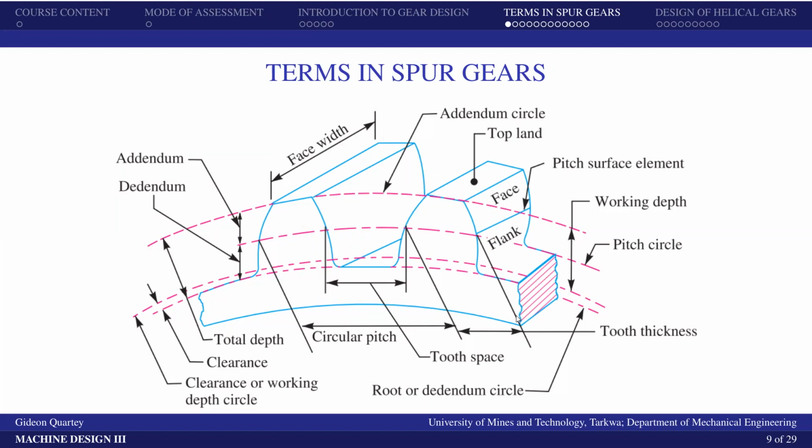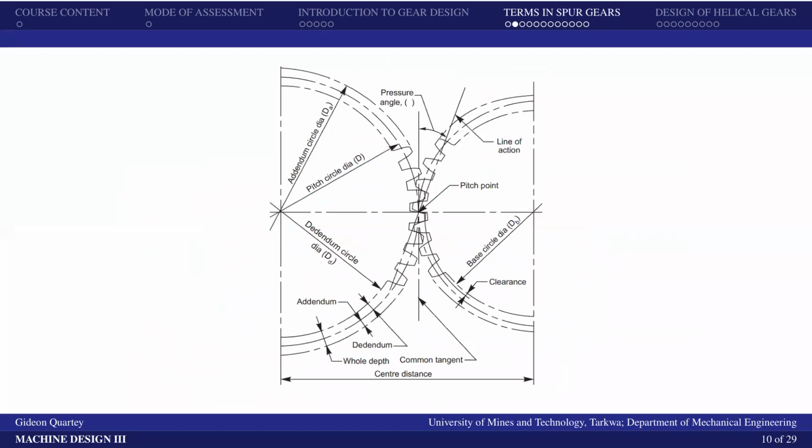We also have the tooth thickness, the space, the circular pitch, the root or the dedendum circle. We have the clearance circle, and then we have the total depth, and other ones that we'll look at. But let's look at the various definitions of these terms that we are looking at over here.